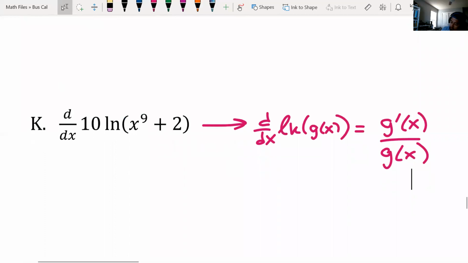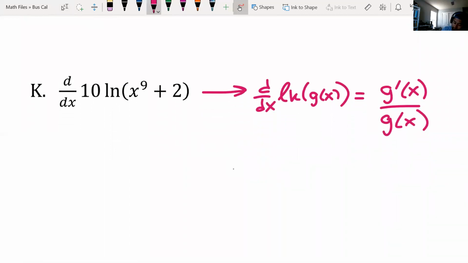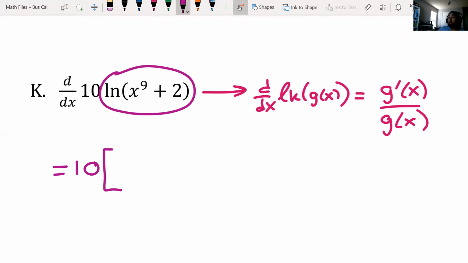For this derivative, the 10 is going to stay there, and all we're taking is the derivative of the natural log of x to the 9th plus 2.